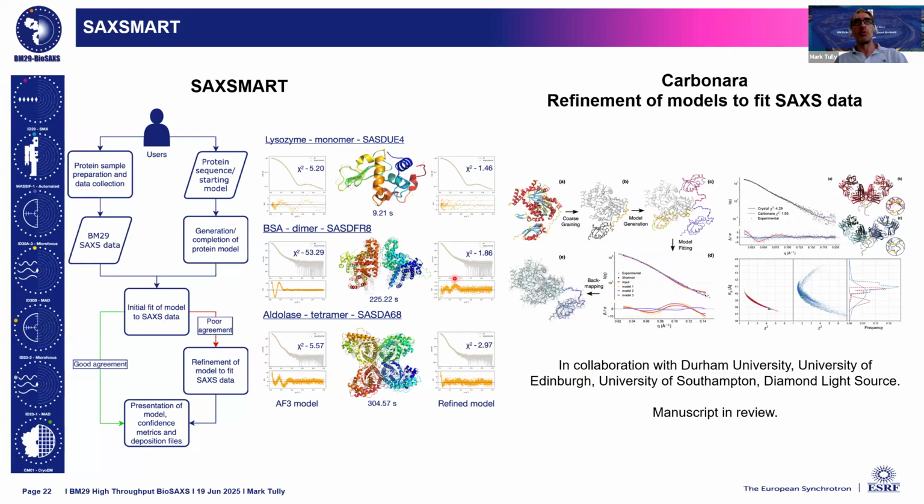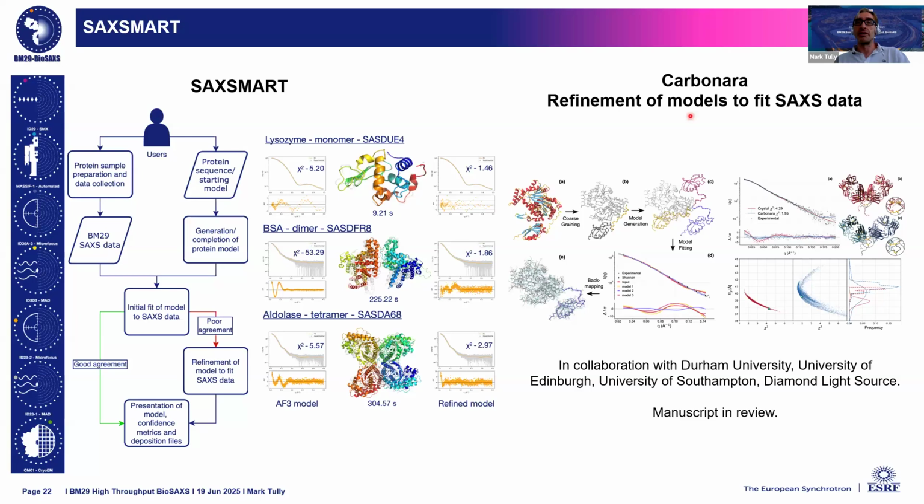So hopefully this will go into EWOKS, and it should be implemented into our pipeline this summer. Our users should be looking to use this come September. We'll then add a different refinement process using Carbonara.